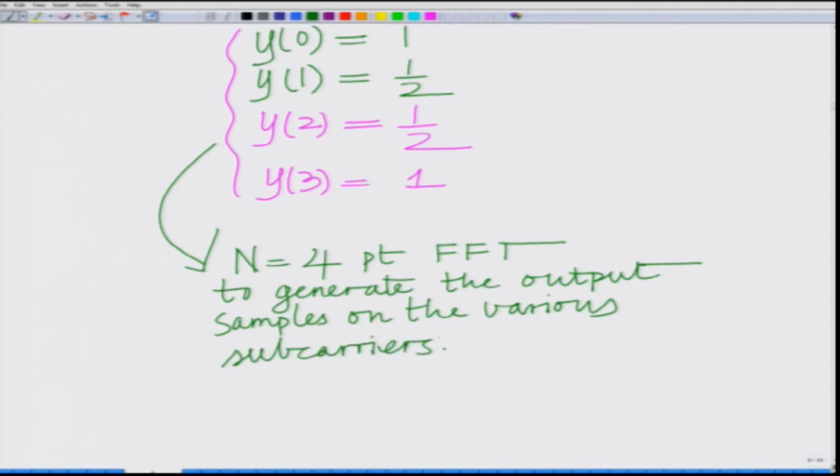So we have the N time domain samples small y0, small y1, small y2, small y3.